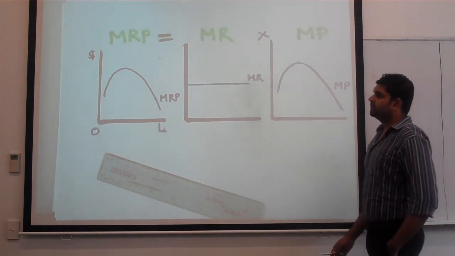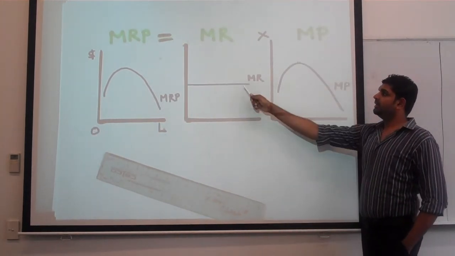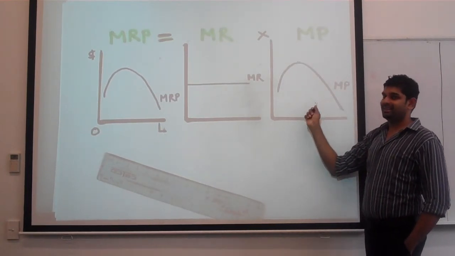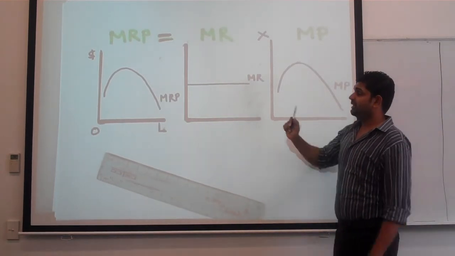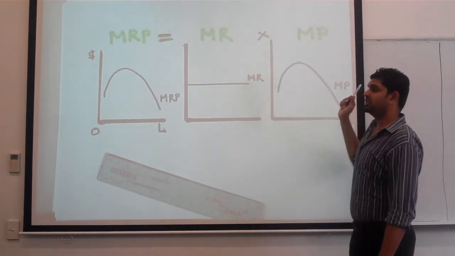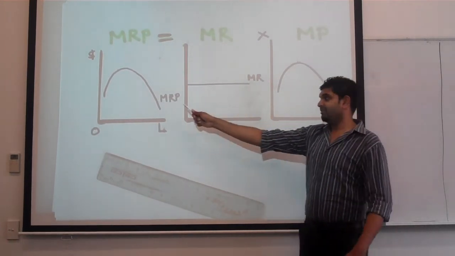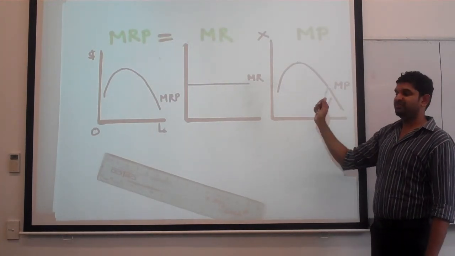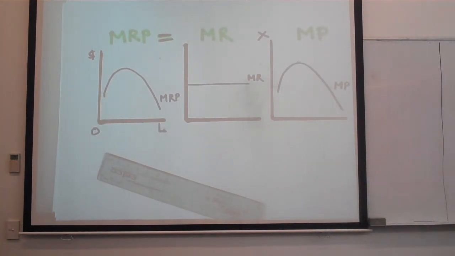We're not really worried about the numbers, we're worried about the shape. If the product is only $1, then MRP will be exactly the same as MP. If the product costs $2, then the MRP graph will be twice as big as this graph. If the product costs 50 cents, then MRP will be half the size of the MP graph. The shape would be retained.